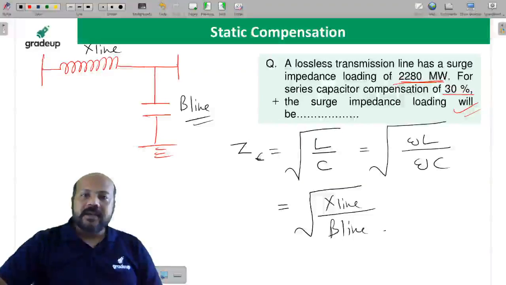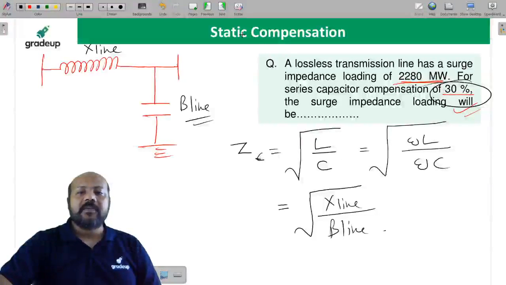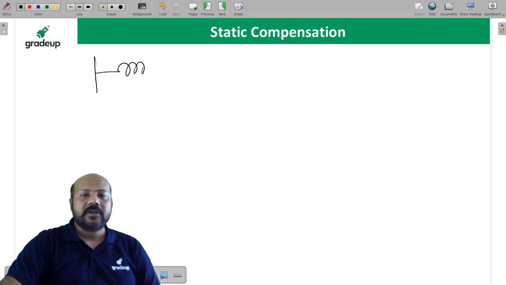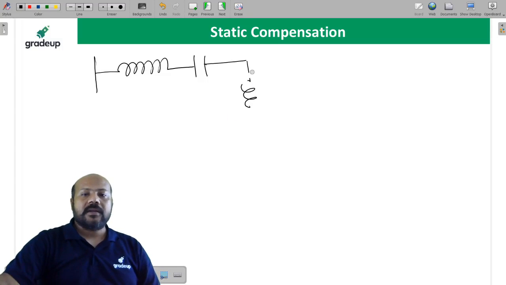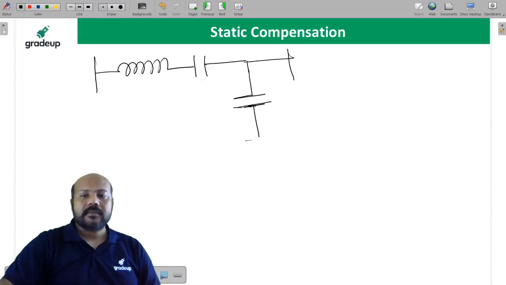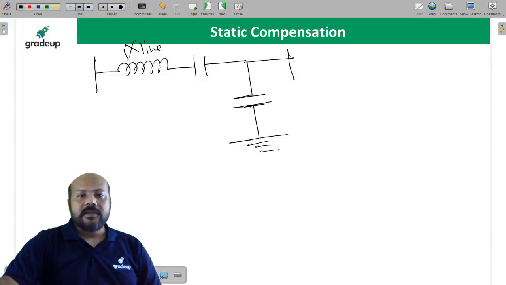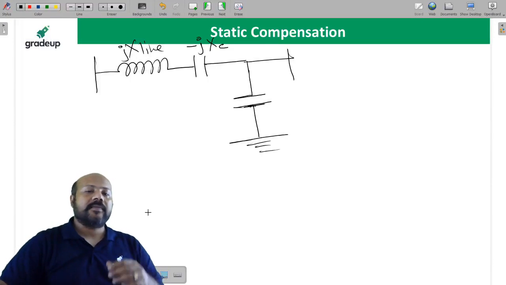Now in the next part, it says a 30% series capacitor compensation is there. What is the meaning of 30% series capacitor compensation? This is the line reactance, you put a series capacitor, and this is the line shunt capacitance. This is X line, this is J X line, and this is minus J XC.